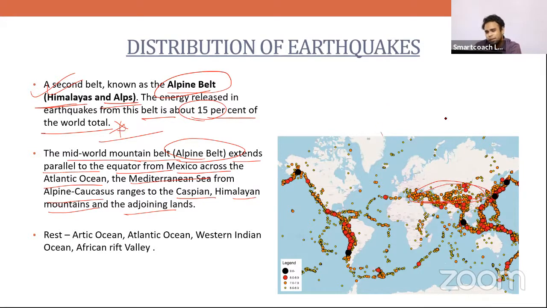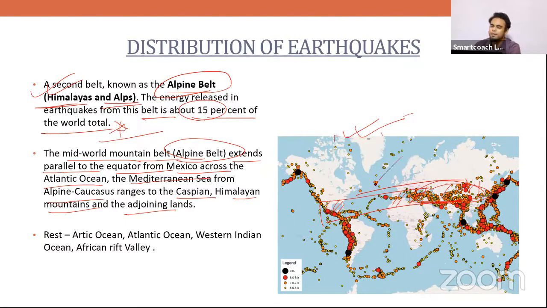Now look into this diagram very, very carefully. So where is this alpine belt? This alpine belt will extend from Mexico, which is in Central America, right? So it will extend from Mexico, cross the Atlantic, reach the Africa area, then come toward the Mediterranean Sea region, then go to the Caspian and the Himalayan mountain region.